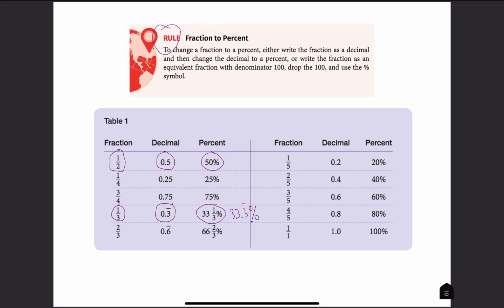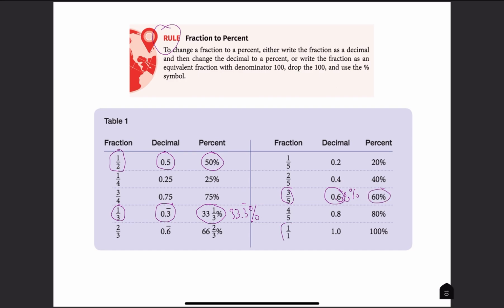Coming over here, let's look at something like 3/5. If you divide that, you get 0.6. And so if you turn that into a percent by multiplying by 100 or moving the decimal 2 places to the right, you get 60%.